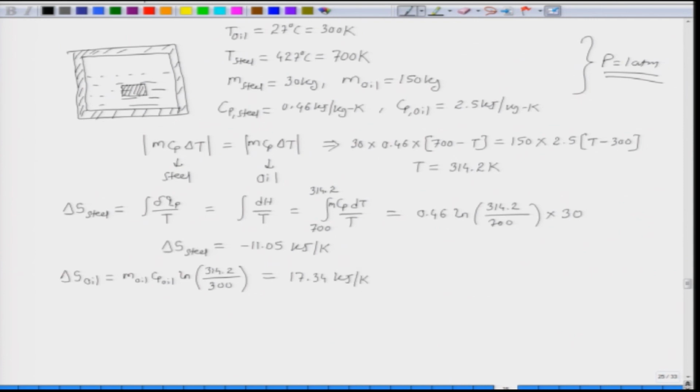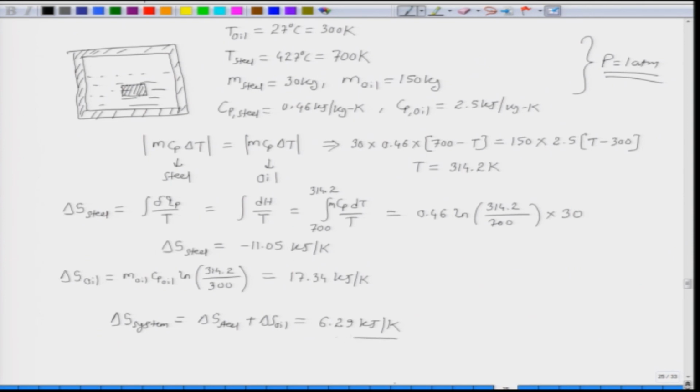So, if you consider oil plus steel as this system, then we have delta S steel plus delta S oil, and which should be positive, right, minus 11.05 plus 17.34.